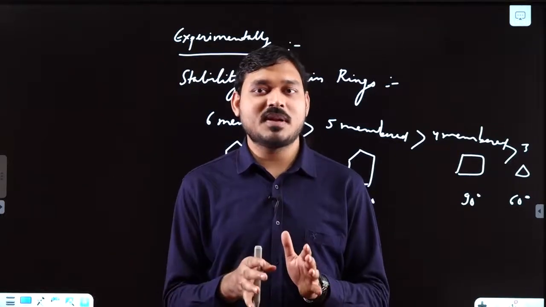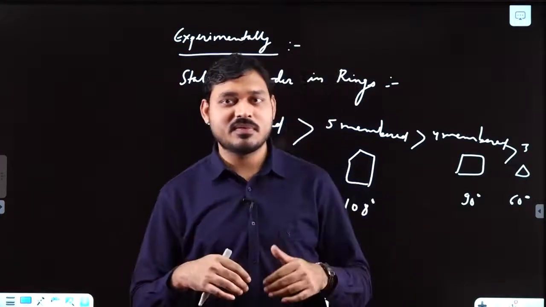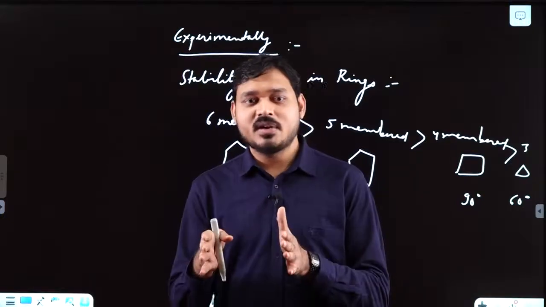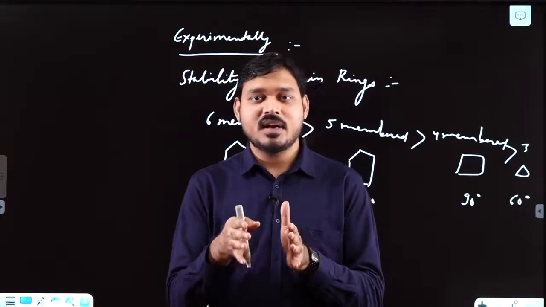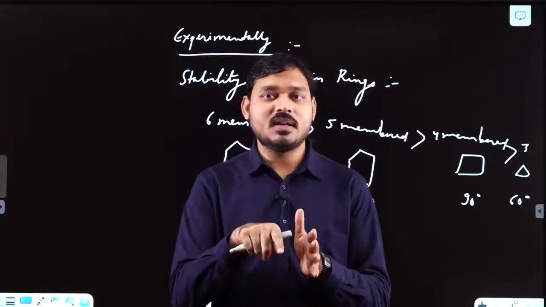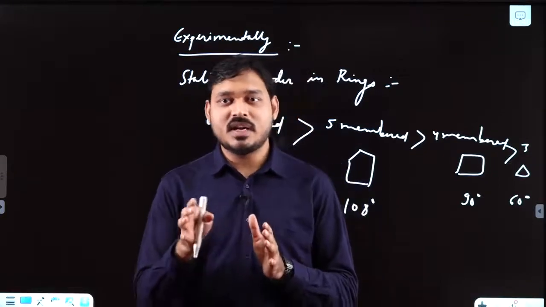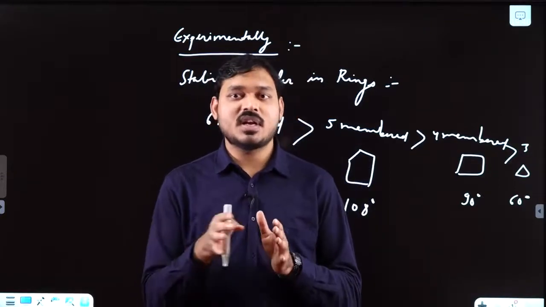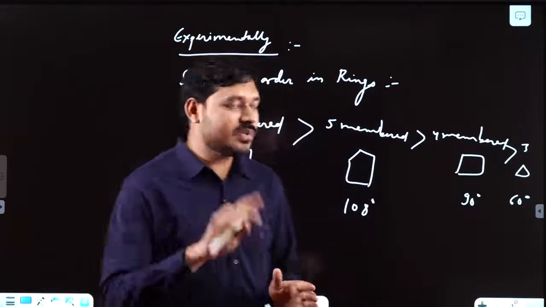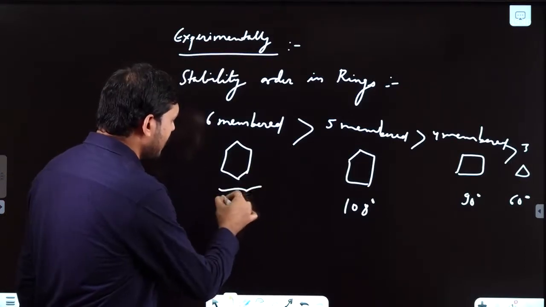The most stable form is the chair form, the normal chair which we use for sitting. The chair form has an angle of approximately 109 degrees, very near to what it should be as per sp3 hybridization, 109 degrees 28 minutes. So that's why we say it is the most stable form, right?